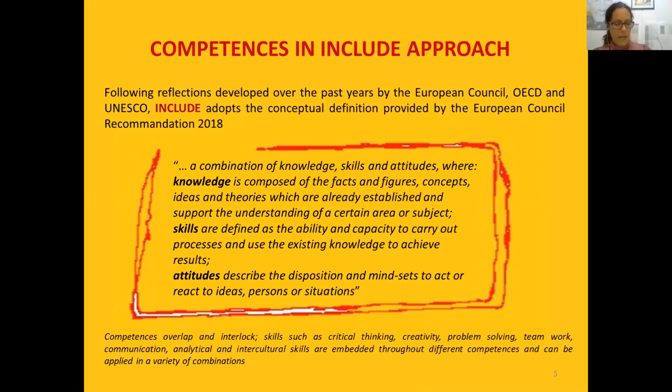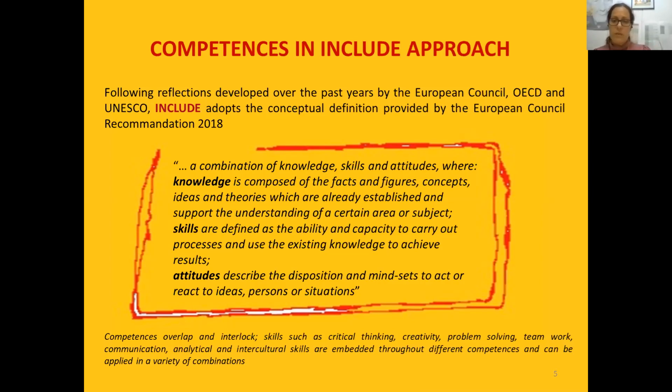As underlined by UNESCO, typically competencies do not depend on one single skill, one single attitude, and one single knowledge, but engage a complex set of skills, attitudes, and knowledge. So competencies overlap and interlock.